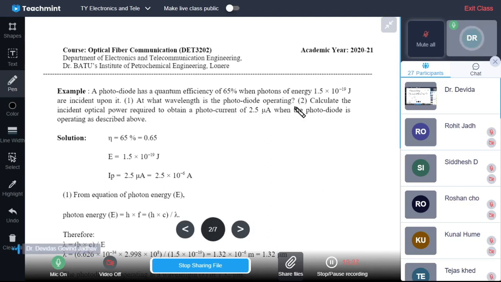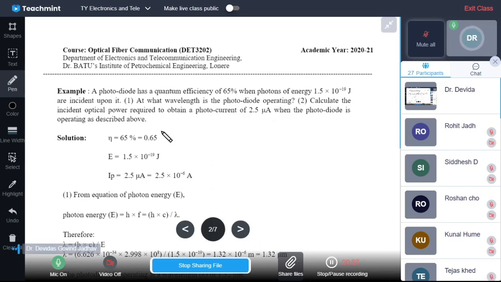Number 2, calculate the incident optical power required to obtain a photocurrent of 2.5 microampere when the photodiode is operating as described above.